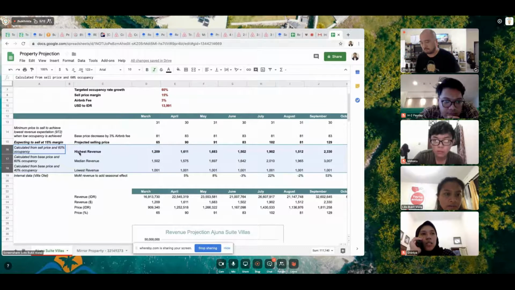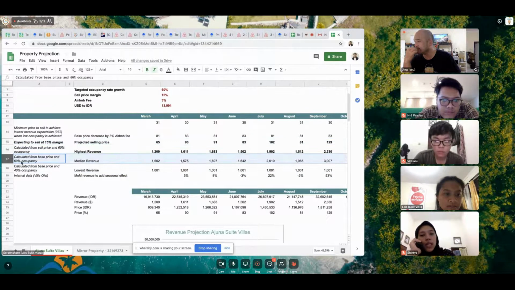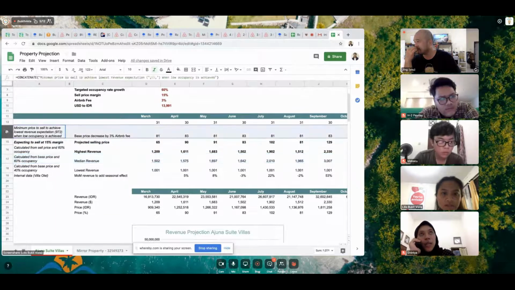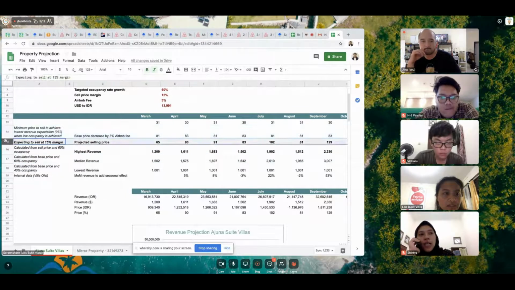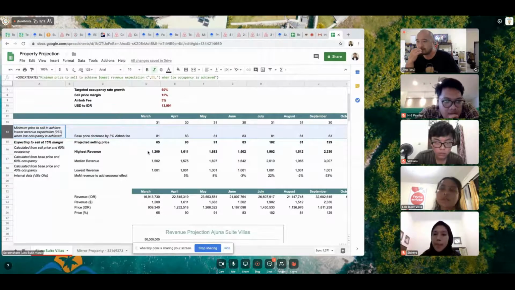The highest revenue I get from 60% occupancy with the projected selling price, this one. And then the second, the median, is 60% occupancy with the base price, this one, without the BV fee.